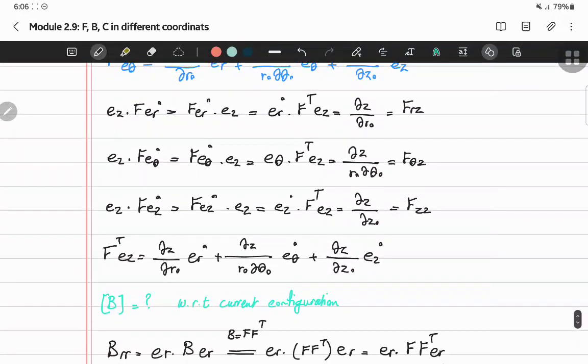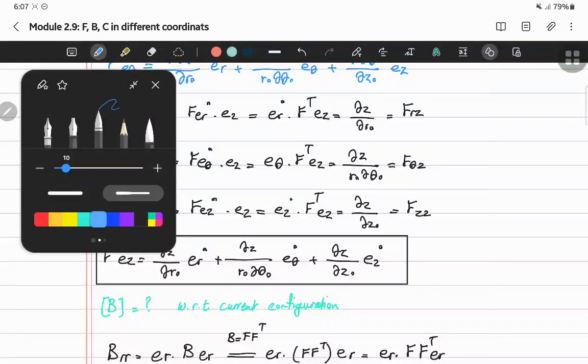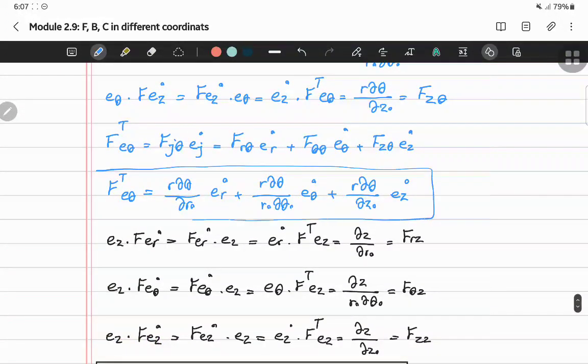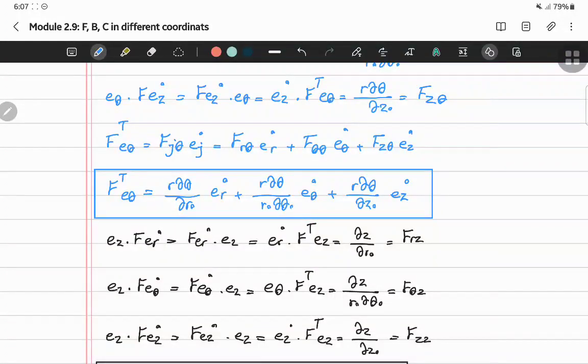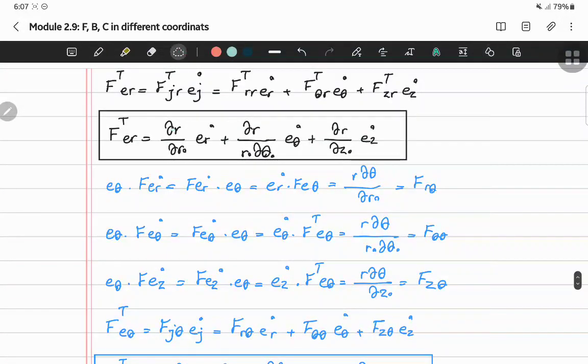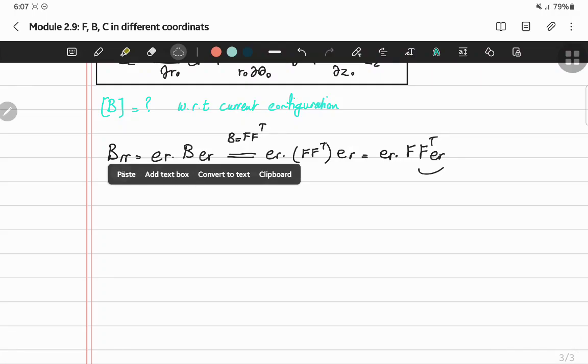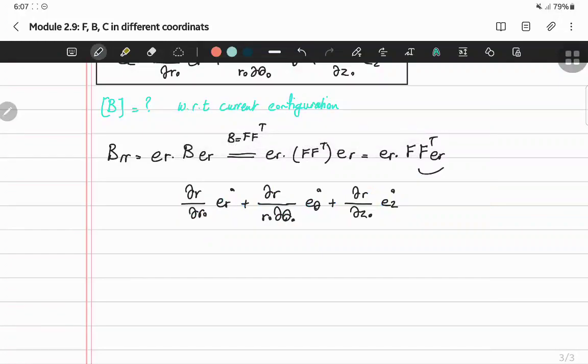So this is F transpose E R, easy. And this is F transpose E theta. So I have to write down this in here. So I copy this, and then paste it in here. All right. So this is equal to E R dot F. This is F transpose E R.